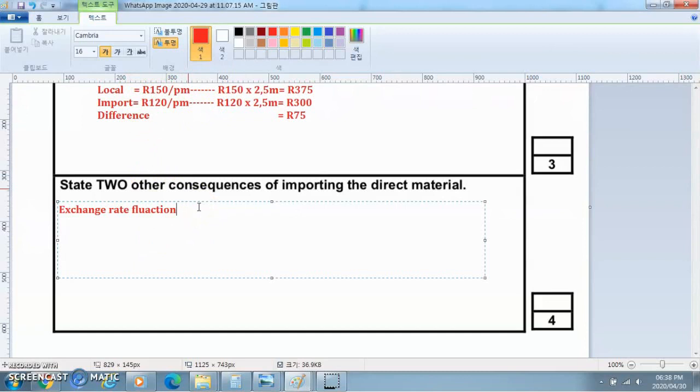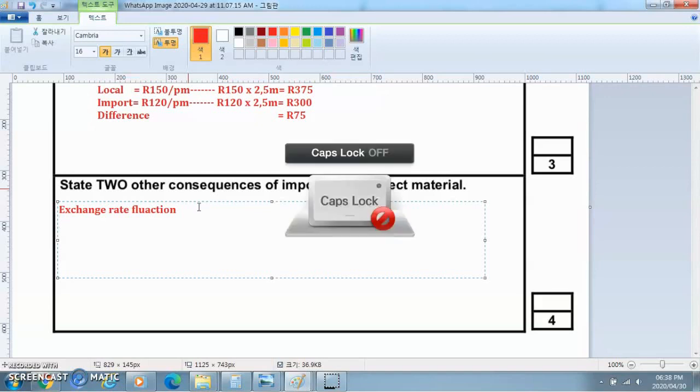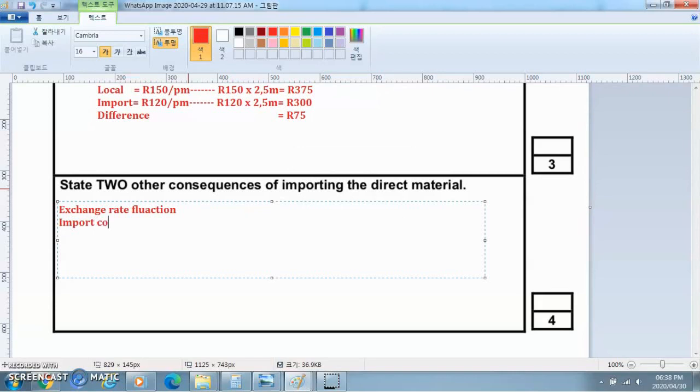Okay, another one that you can say is that the input cost may increase over time. So I've already stated that. Okay, input cost may increase over time. You get it?